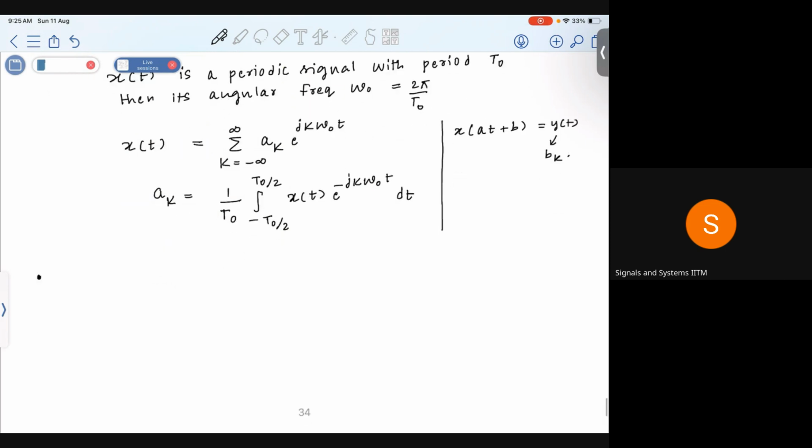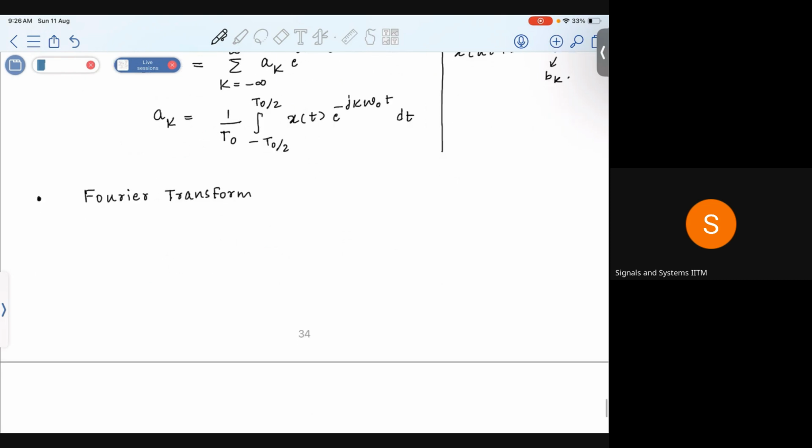Now going to Fourier transform, what it says is every signal x of t, irrespective of the periodicity, under certain conditions called Dirichlet's conditions for the Fourier transform, has a representation. Dirichlet conditions are sufficient conditions.